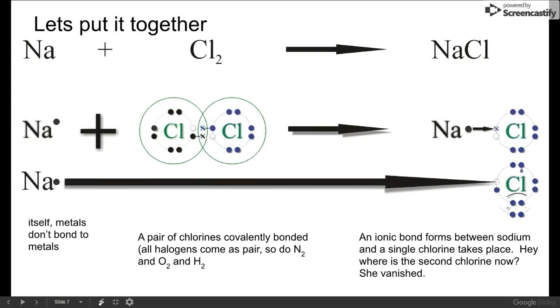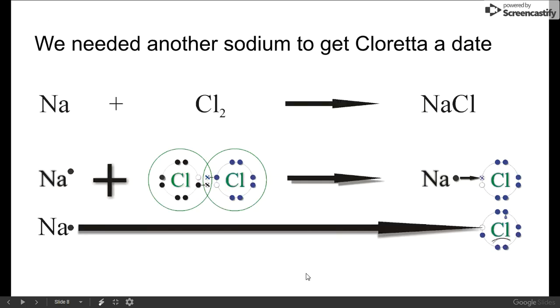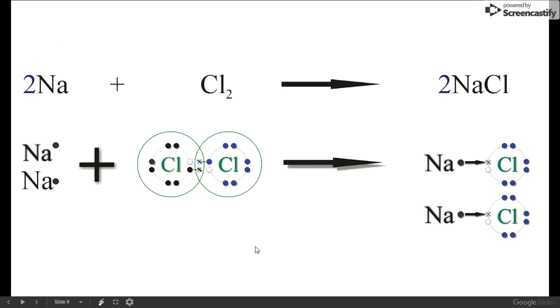So if we bring in another sodium, Chloretta can be happy too, though she still looks kind of sad. So putting it all together, I've got to fix her sad face. 2 sodiums are needed for a pair of chlorines to form a pair of salt molecules.